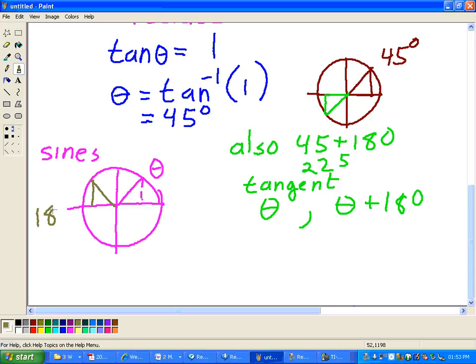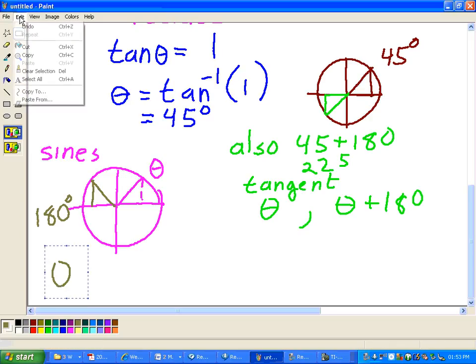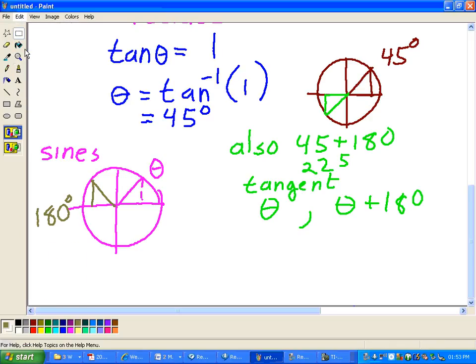This is 180 degrees. So for sines, if you get theta, the other answer is at 180 minus theta.